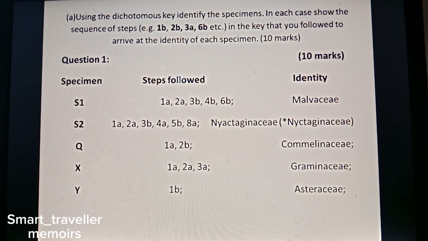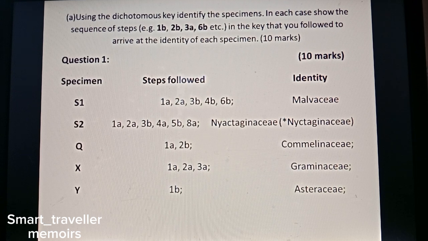S2 was 1A, 2A, 3B, 4A, 5B, 8A. You identify it as Nyctaginaceae. All right. Q was 1A, 2B. Only 2 steps. And you get it. It was Comerinaceae. X was 1A, 2A, 3A, Graminaceae.